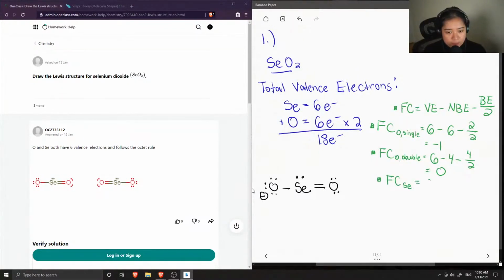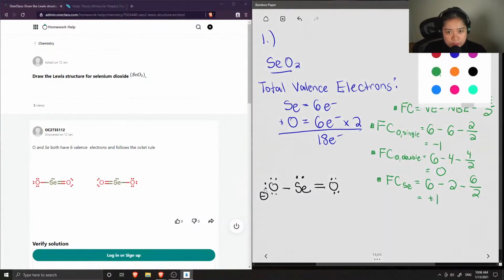So there are 6 valence electrons. The selenium contains 2 non-bonding electrons. And there are 3 bonds in total for selenium, so we have 6 bonding electrons divided by 2. So 6 minus 2 minus 3 is positive 1. So that means our selenium will hold a positive charge.